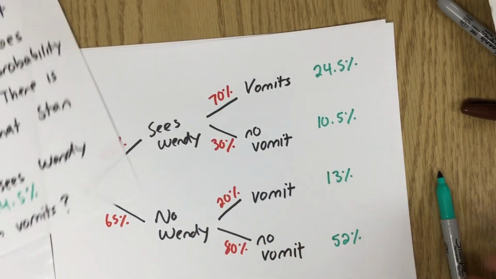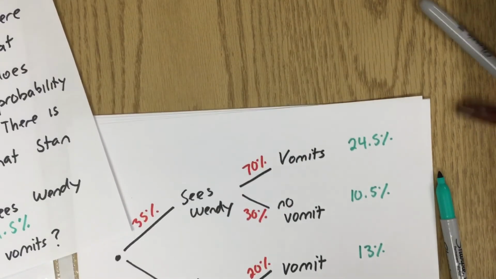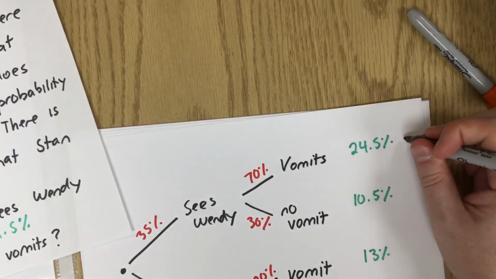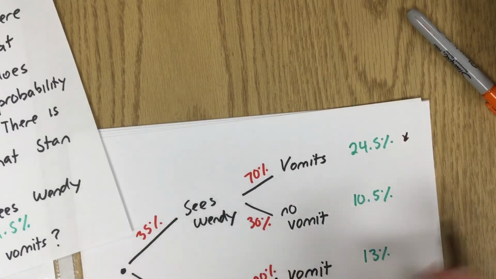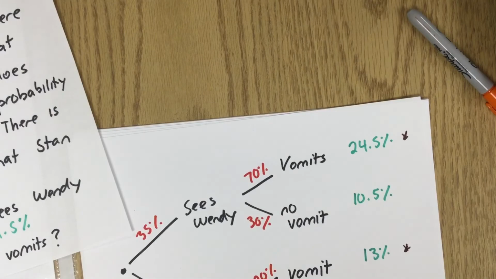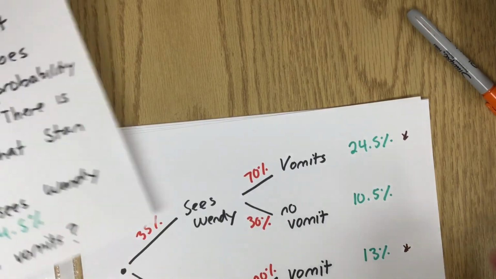Now, there's actually two ways for Stan to vomit. He could either vomit by seeing Wendy and then vomiting, or he could not see Wendy and still vomit. So these are the two ways for him to do it. And what we're going to do is just add those together.